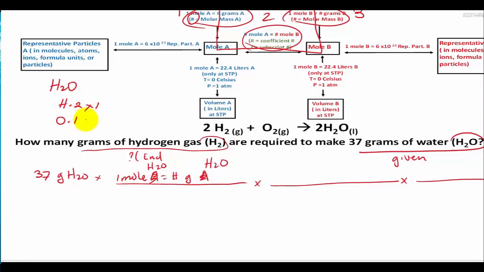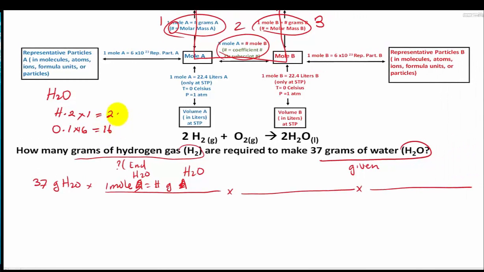Hydrogen is 1, oxygen is 16. So we have 2 times 1 is 2, and 1 times 16 is 16. Gives us a total mass of 18 grams of water. So therefore this number is going to be 18 grams of water. Now after the first conversion factor, this one is done.